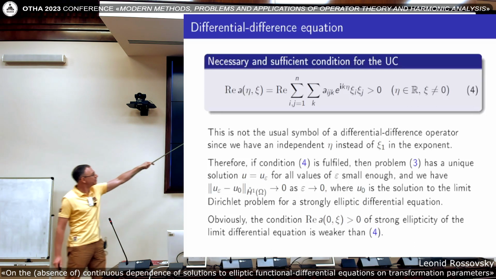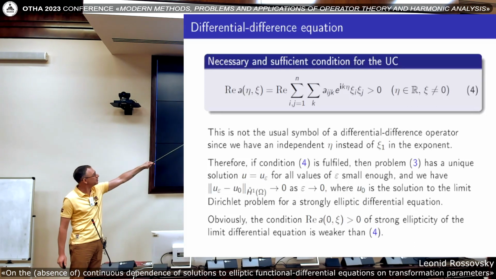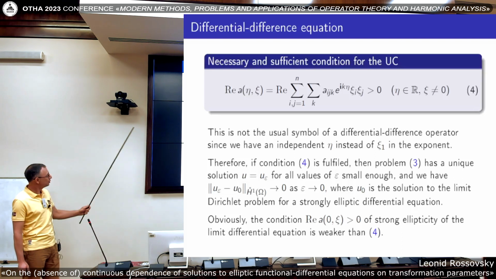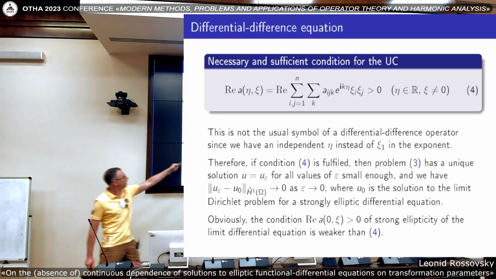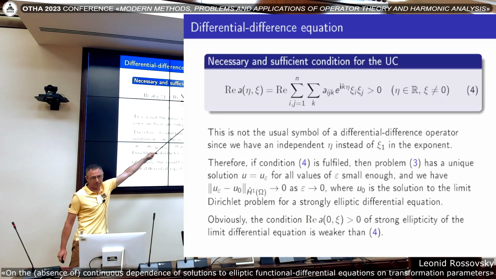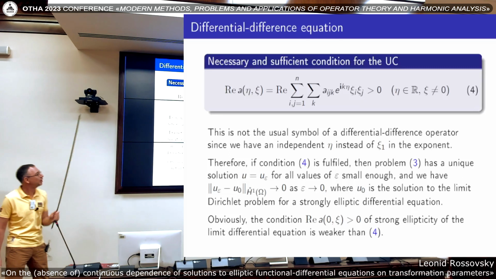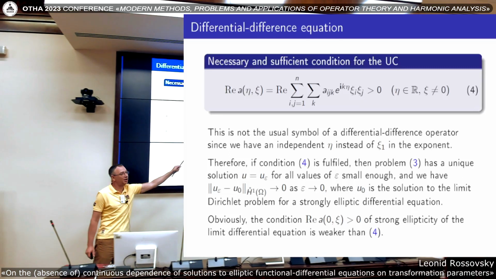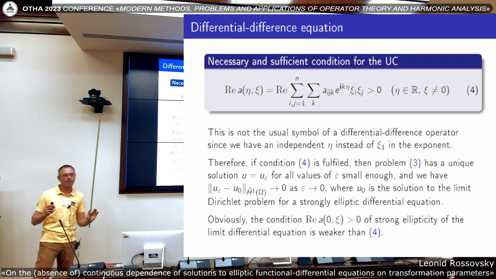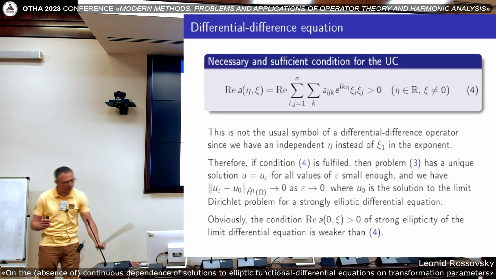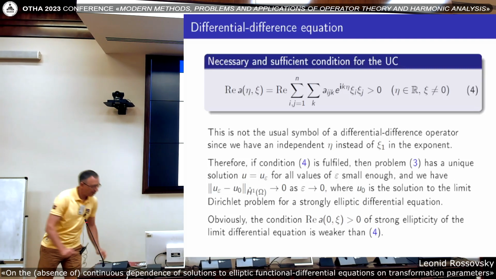Note that this is not the standard, usual symbol of a differential difference equation. First of all, we have here variable eta independent of psi. And then you cannot find epsilon here. It looks as if we have a differential difference operator with integer shifts. But it can be explained in the following way.